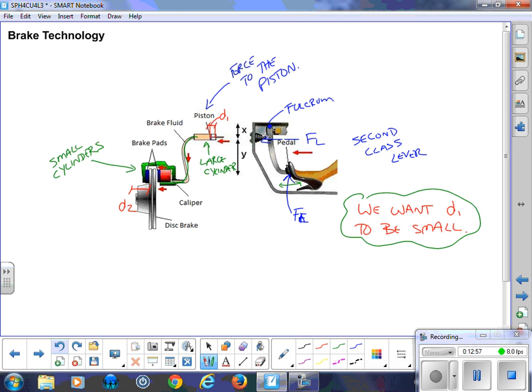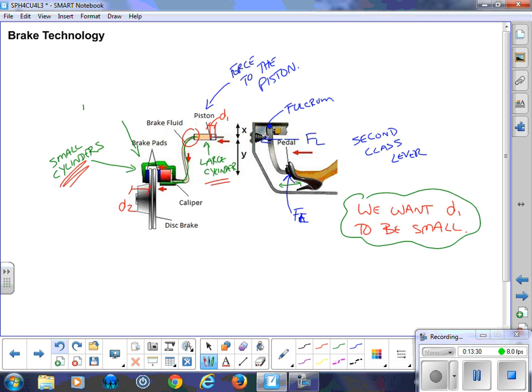So how do you make a small motion result in a larger motion at the end of it? Well, we go from a large cylinder right here and transfer to that small cylinder. What that allows you to do is apply the appropriate pressure with a small stroke rather than needing a large one. That pressure then is passed through the system, and you can apply a large pressure on your disc brakes.